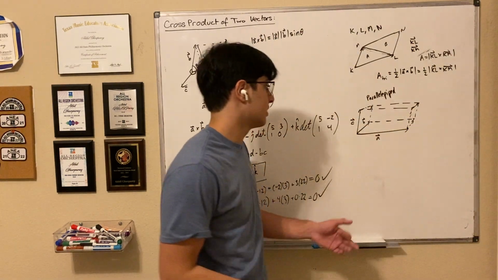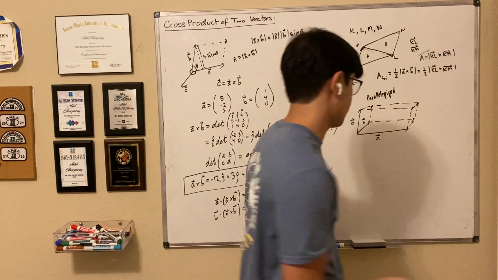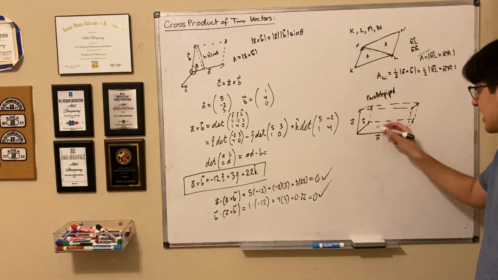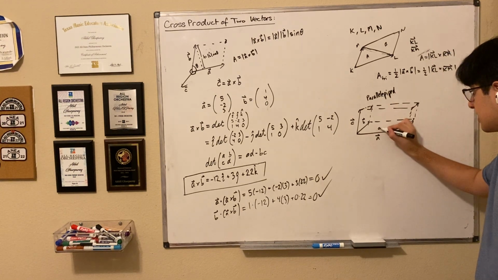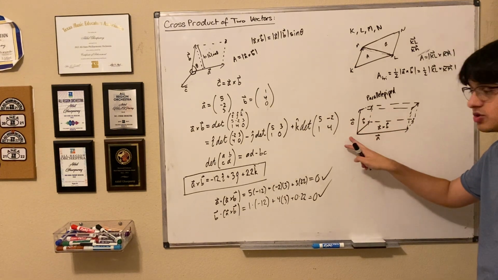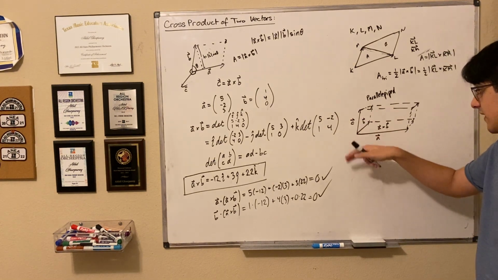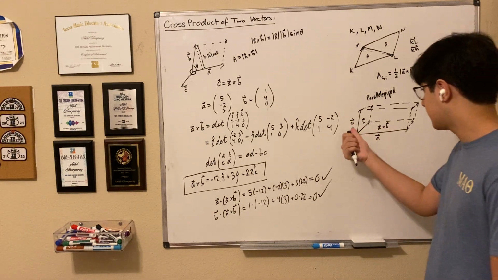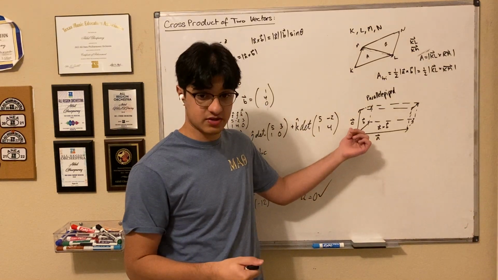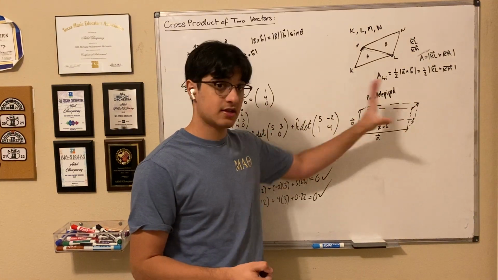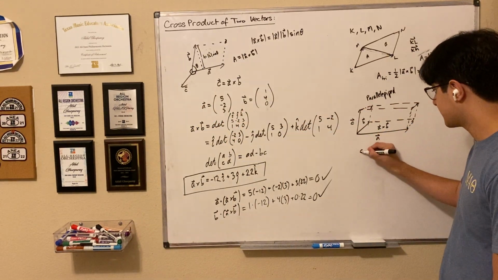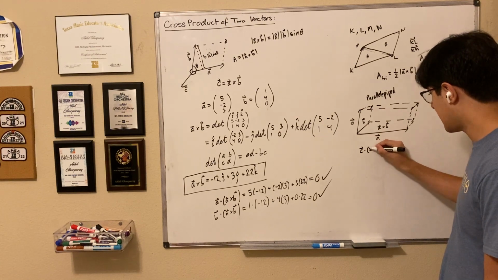Well, if we were to find the area of one of these faces, which can be done through A cross B, and we multiply by this height right here, actually, no, if we take the dot product with this vector C, that would give us the volume of this parallelepiped. So we would have something like C dot A cross B.